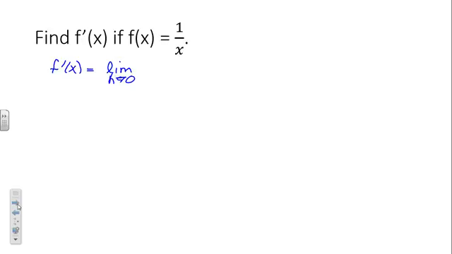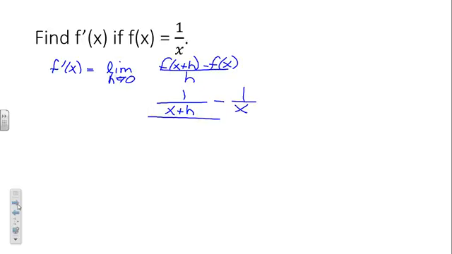All right, so we know it's supposed to be f of x plus h minus f of x over h, right? So everywhere we see an x, we have to plug in x plus h in this first part, right? So we're going to have a 1 over x plus h minus, now we're going to put in our x, all over h.